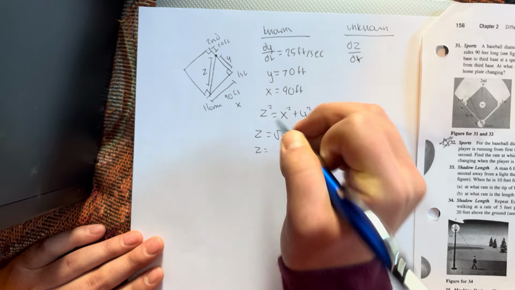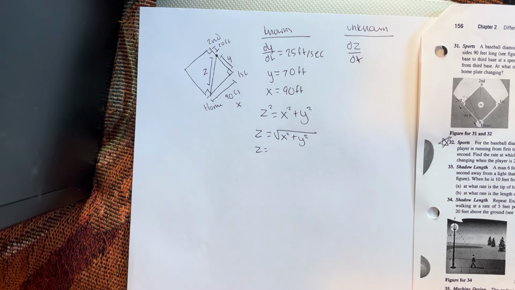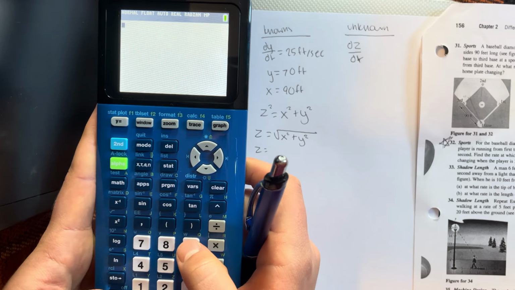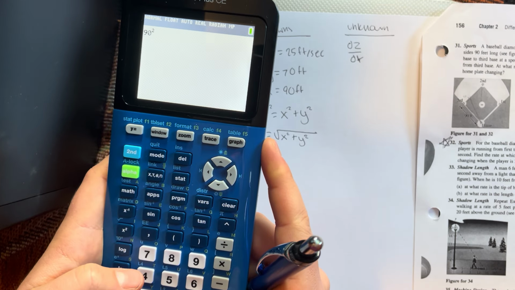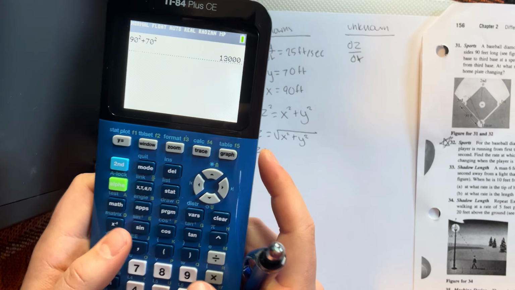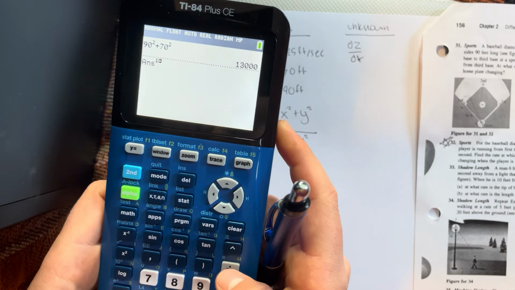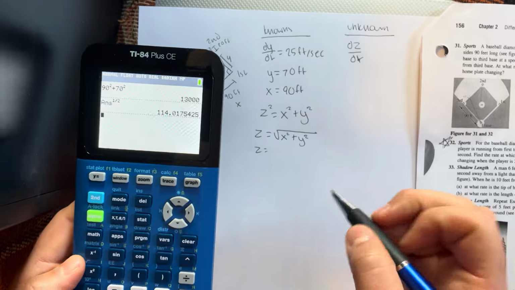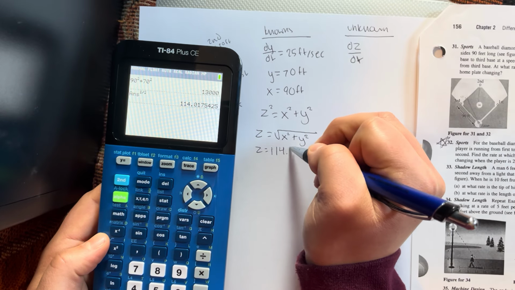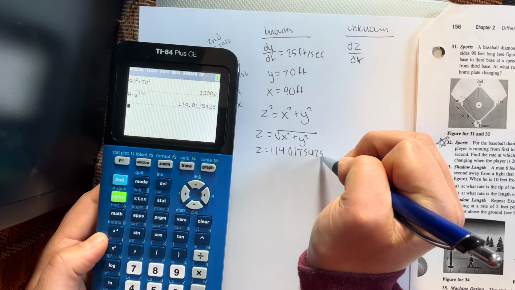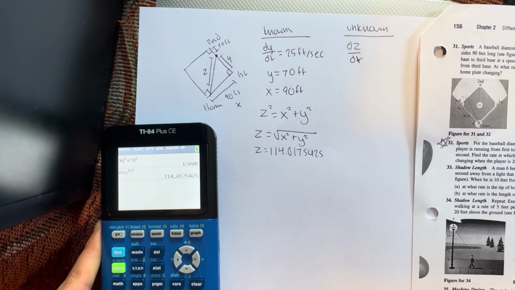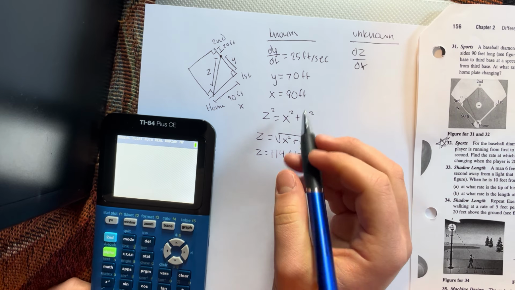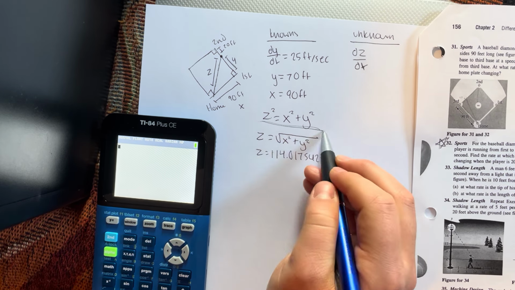So mathing that out on a calculator, we know our x is 90, so 90 squared plus 70 squared, and then take the square root of that. And that's that. So I'll keep this exact value in my calculator, but we'll just say for now that it's that. Okay, so then we know our z value. So now we're going to differentiate this equation right here, our Pythagorean theorem.